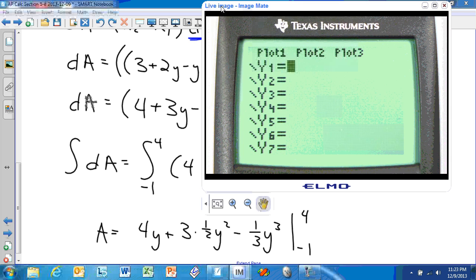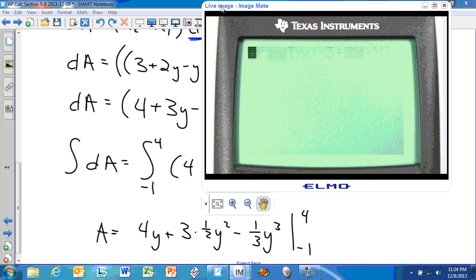I don't really need that right now, so I'm going to write this as 4x plus 3/2 x squared, and then minus 1/3 x cubed. All right, there is our antiderivative, and let's tell it to take y1 evaluated at our upper bound minus y1 evaluated at the lower bound of negative 1.